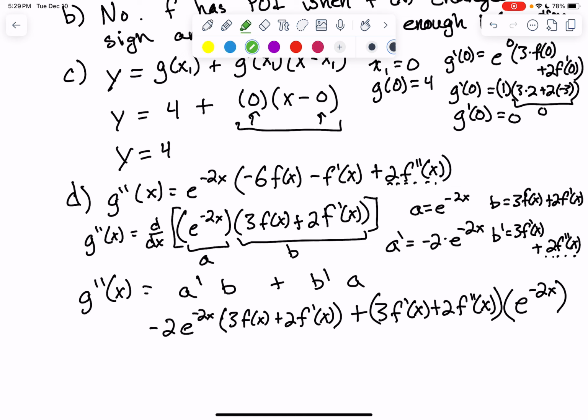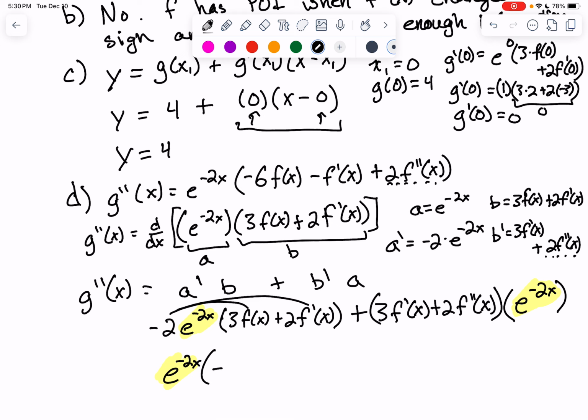I notice that I have an e to the negative 2x in common to both of these terms. So I'm going to factor that out. That'll give me e to the negative 2x. And that's going to leave me with this negative 2 getting distributed into the first group.